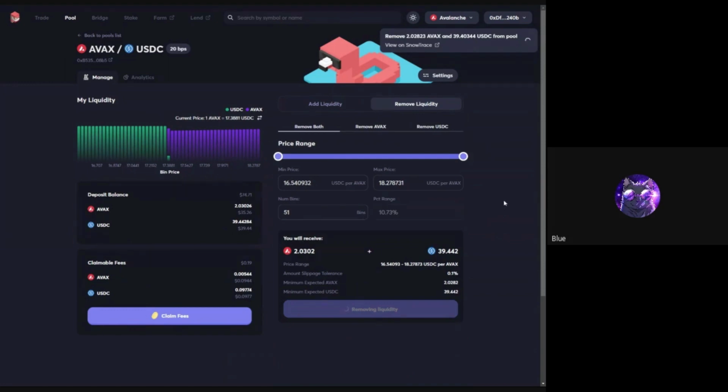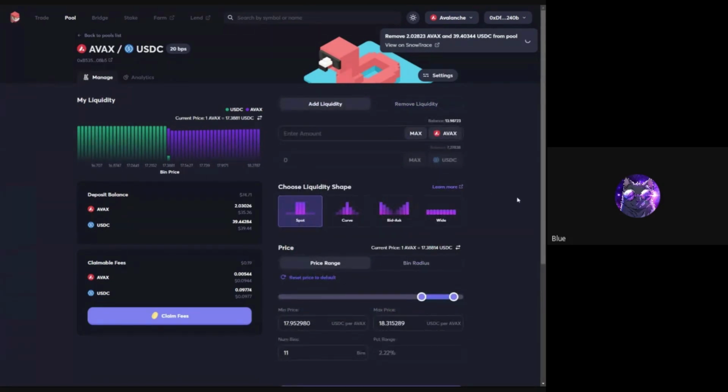So basically, you can deposit one token into the pool. And for example, if AVAX USDC, if I deposit AVAX into this pool, I can basically DCA out of AVAX, assuming that the price moves in favor of my position. My AVAX that I've deposited will be converted into USDC.